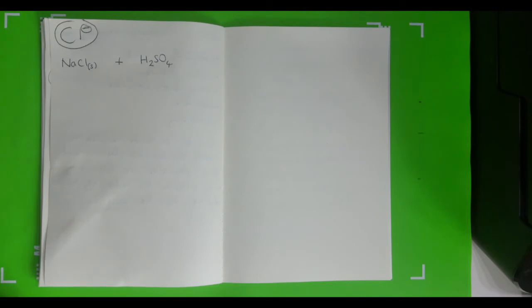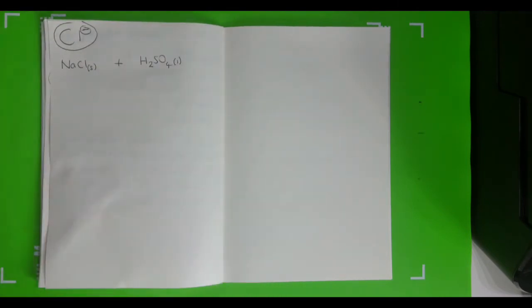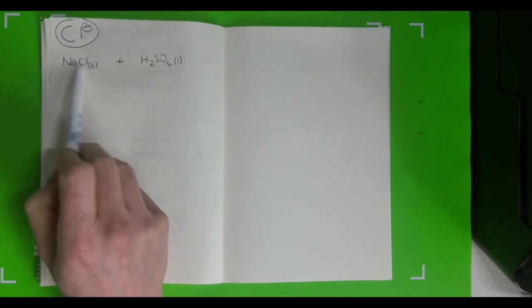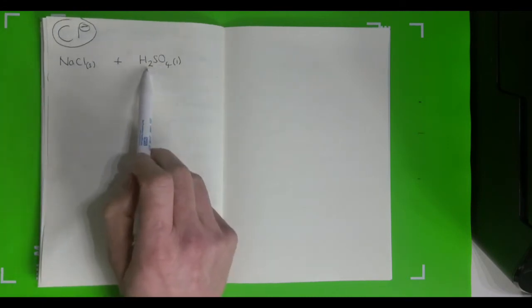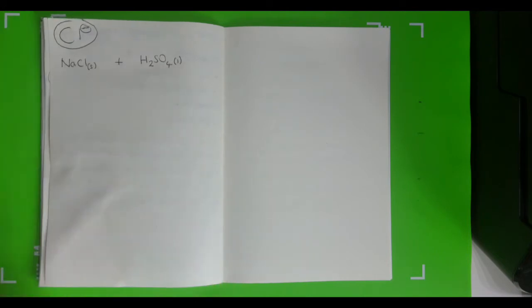Now, you need to be careful here because the state symbol for concentrated sulfuric acid would be liquid. It can't be aq because that would suggest that it's been diluted a little bit with water. So concentrated, there's no water in it. So I've got solid sodium halide and concentrated sulfuric acid, and we're going to look at the products of these.